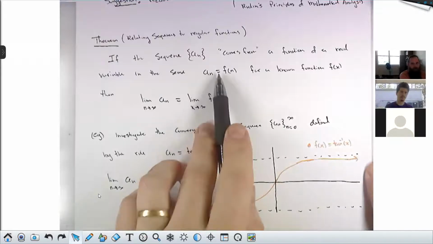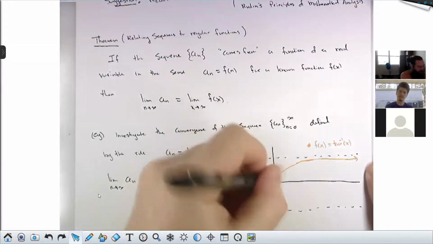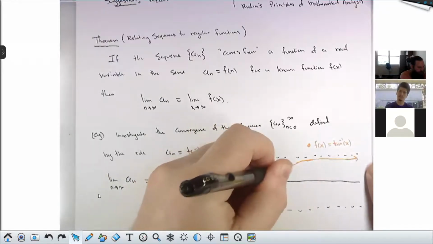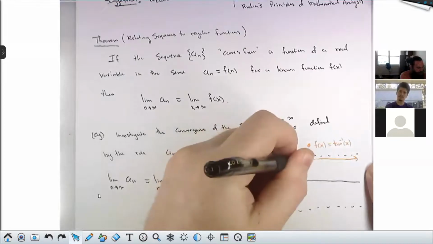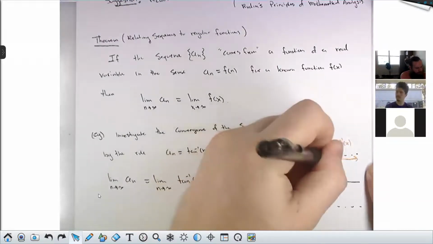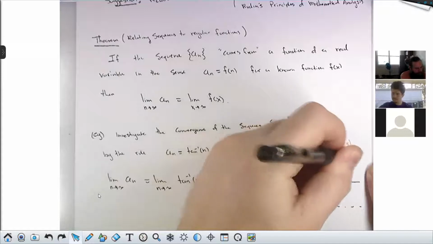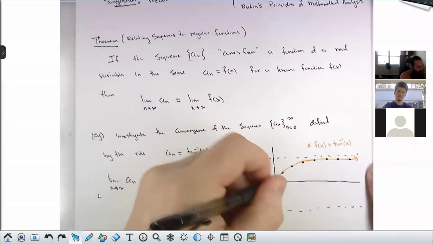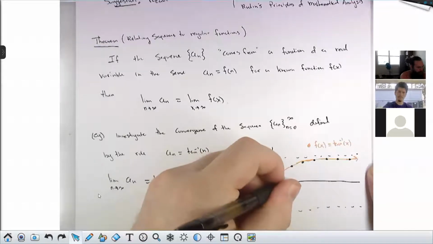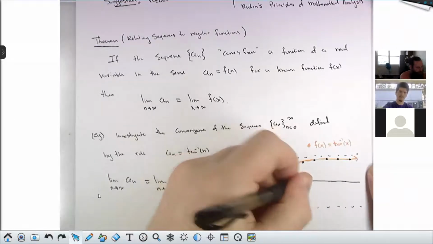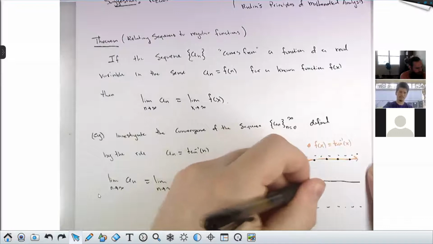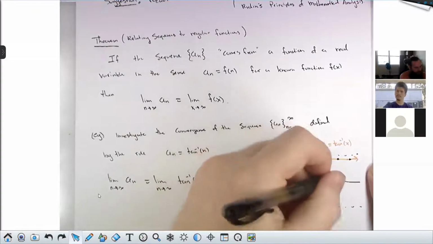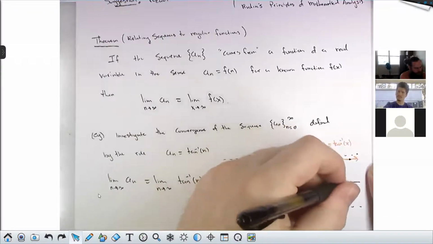That's really what this is saying, right? So my sequence is a bunch of dots, just because of the way the sequence is defined, right? It's like inverse tangent of 1, inverse tangent of 2, inverse tangent of 3, 4, 5, 6, 7, and so on.